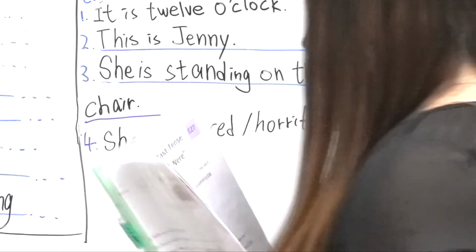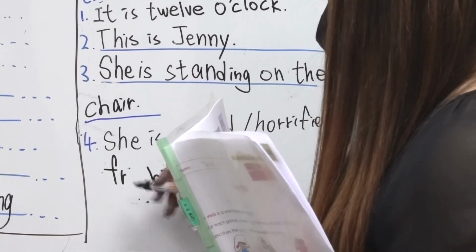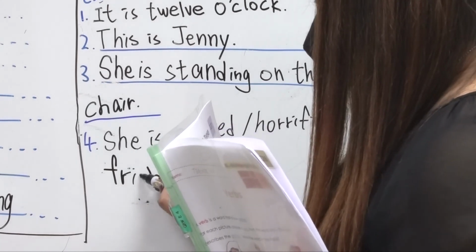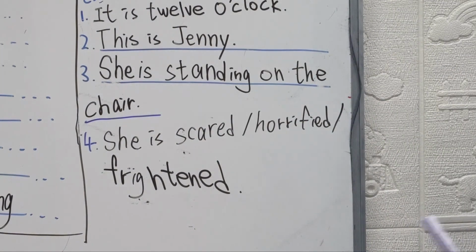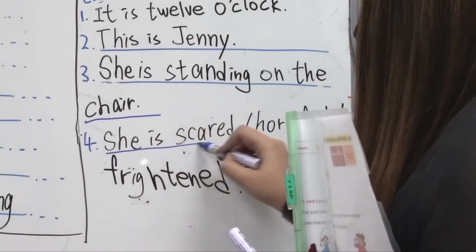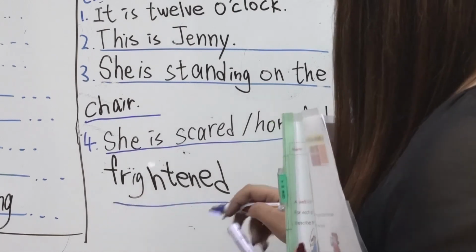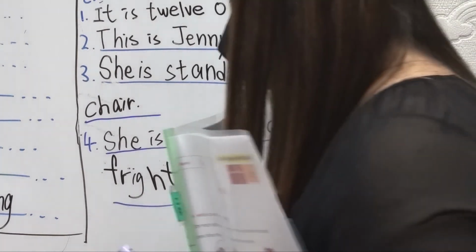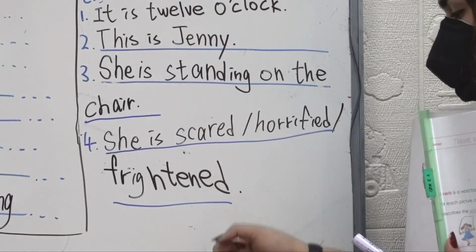Okay, frightened. When you see something that you don't want to see, or whenever you see something that makes you shiver or shocked, it means you are scared. You can be horrified, you can be frightened. Okay?